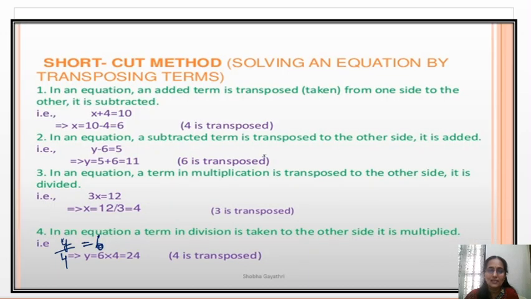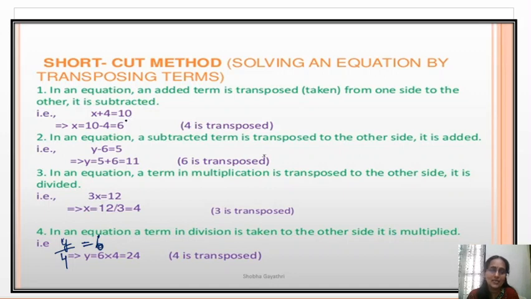Let us understand the transposing method with examples. There are 4 equations given here. We will understand the rules while transposing the terms. The first equation is x plus 4 equals 10.